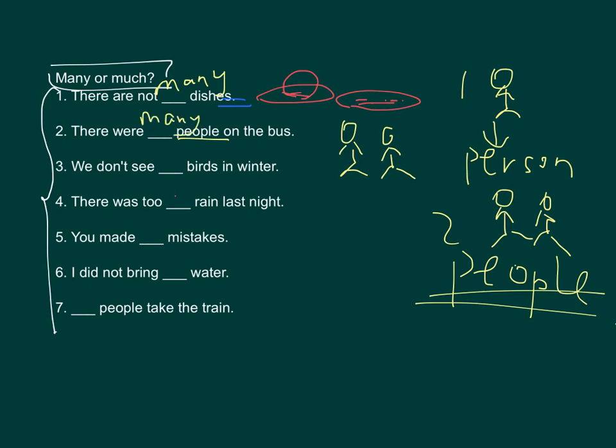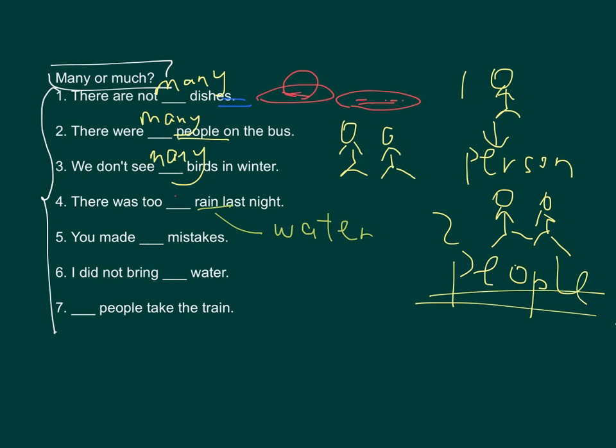And number 3, we don't see birds. How many birds? Yeah, as I used many, because number of birds is specific. Okay? There was too many or much rain. So let me ask you, can we count rain? No, because rain is something like water.